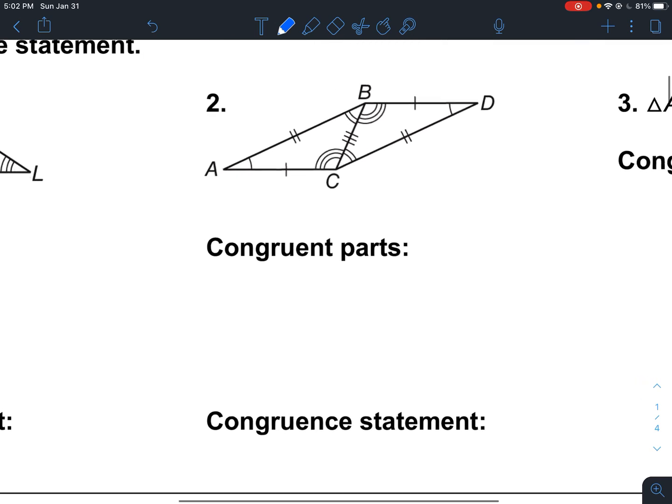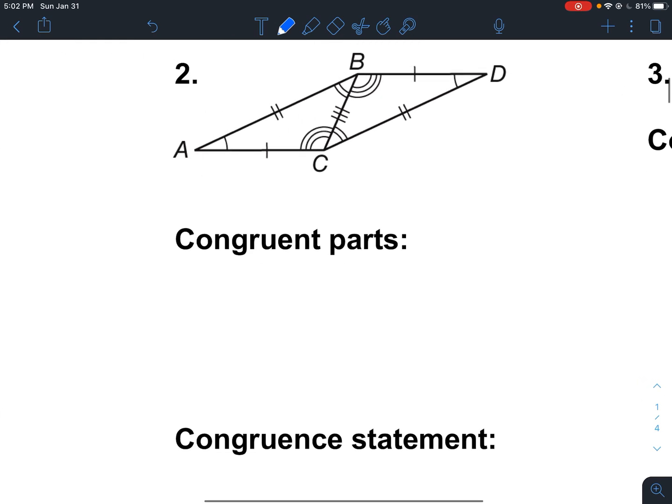So let's do the same thing here in number 2. You see that these are still congruent triangles, right? We still have congruent sides and angles. Let's start with the first side. Here's side AC, and it corresponds with this side over here, BD.